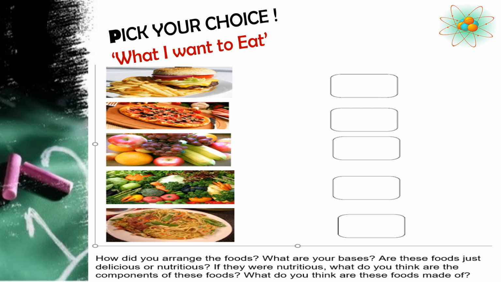What are your bases? Are these foods just delicious or nutritious? If they were nutritious, what do you think are the components of these foods? What do you think these foods are made of? You have to answer that later, as we go through our discussion.